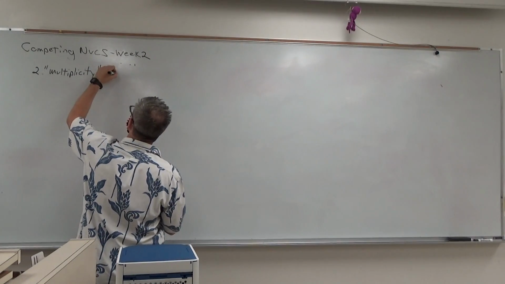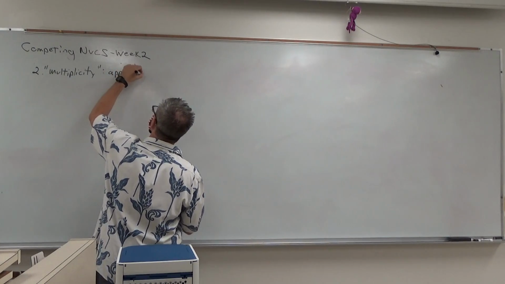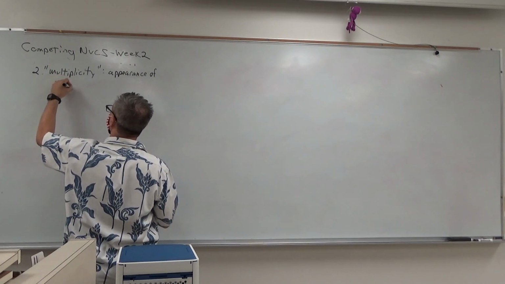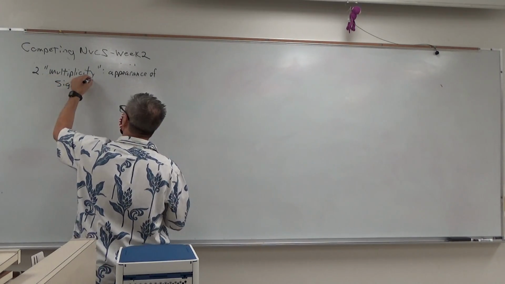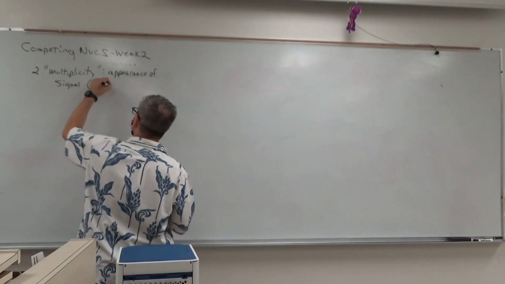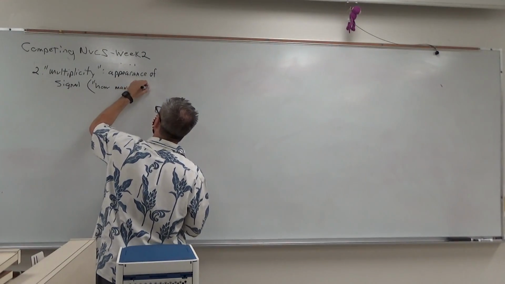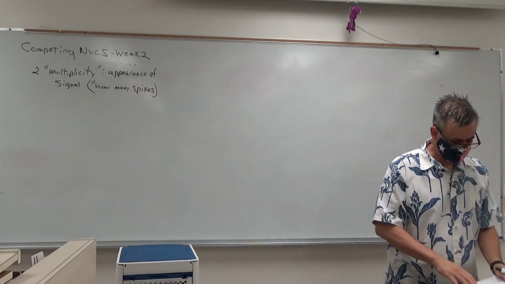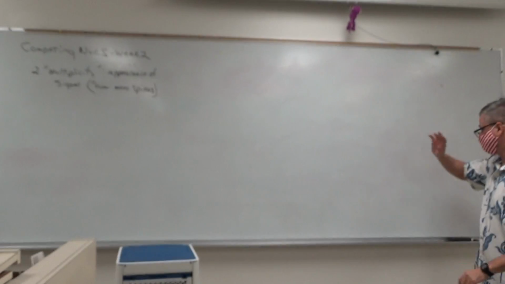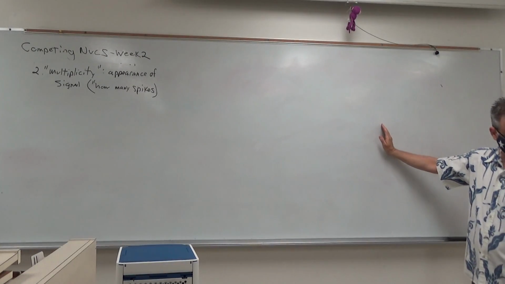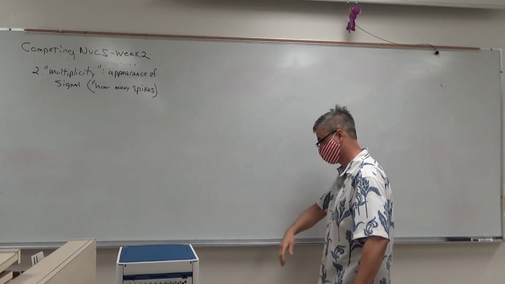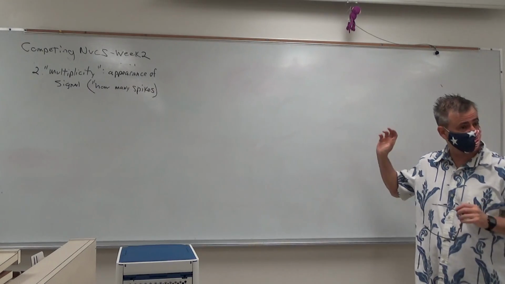So multiplicity is the appearance of the signal, what it looks like. I actually left up my molecule. This type of proton is a distinct type of proton. I got some idea of where it is going to be on the scale. And now I want to know what that signal is going to look like.